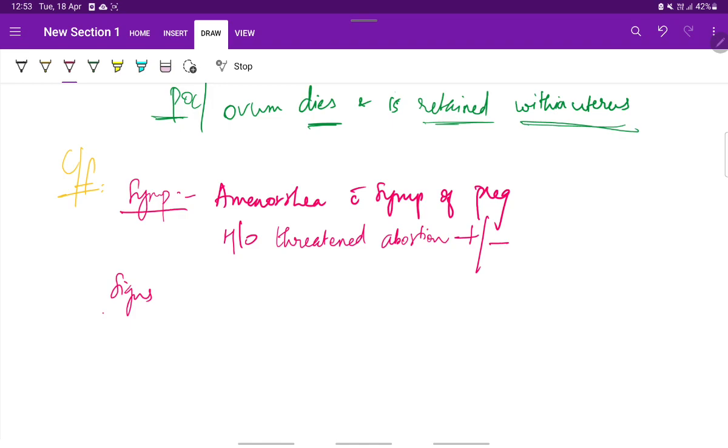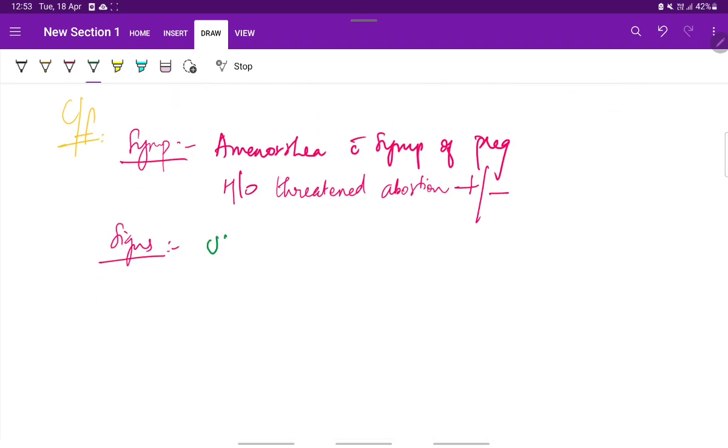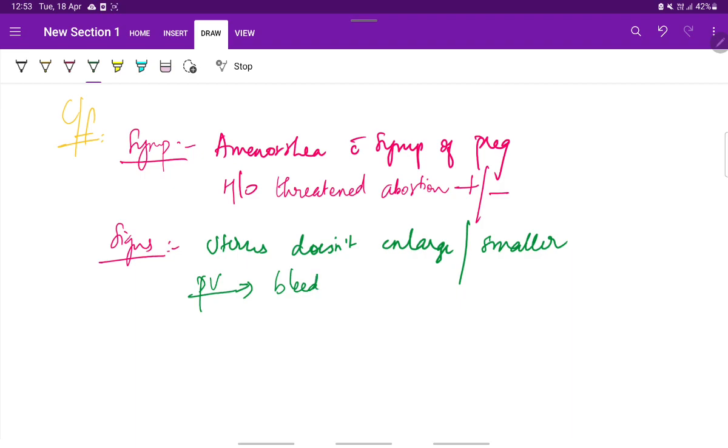Then coming to the signs, the uterus doesn't enlarge anymore, or it becomes smaller, and per vaginal examination shows bleeding which can be minimal or absent.